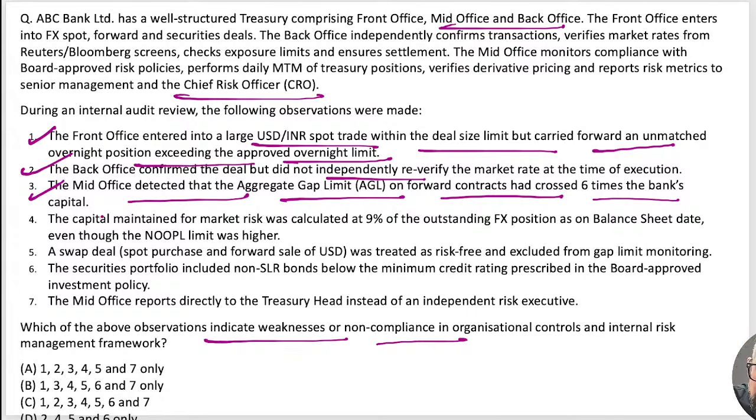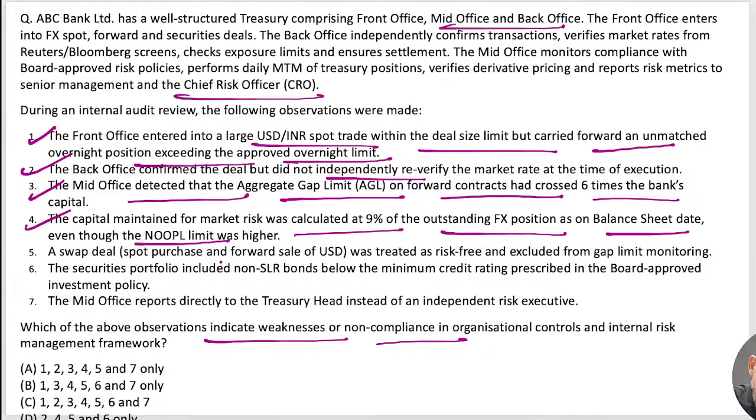This is also a kind of non-compliance. Capital maintained for market risk was calculated at 9% on outstanding forex open position on balance sheet date, even though the net overnight open position limit was higher. So this is again a compliance failure.